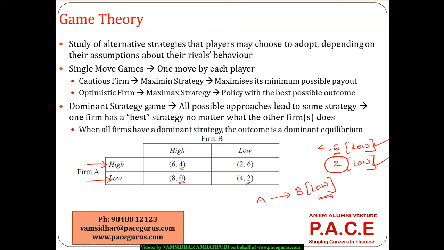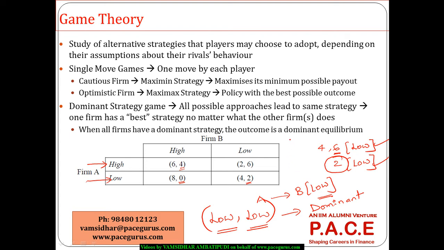Overall it looks like A has to set a low price and B also has to set a low price. That will give the benefit to both irrespective of what the others are doing. This kind of strategy is called a dominant strategy, because all the possible approaches are leading to the same outcome.